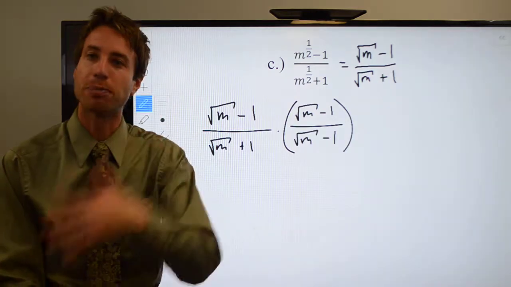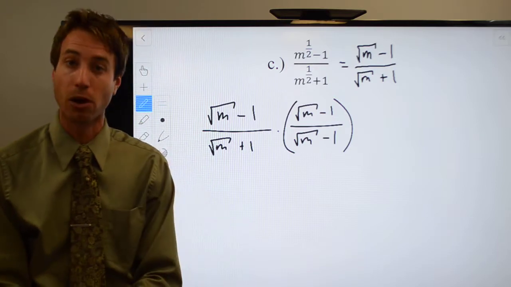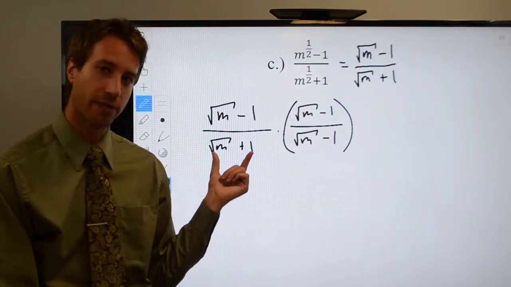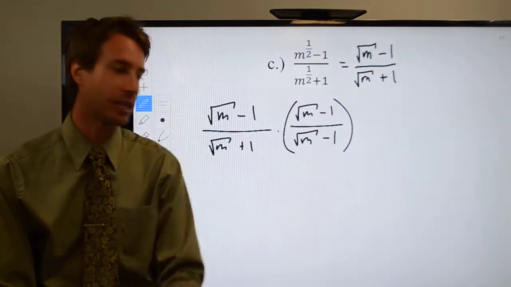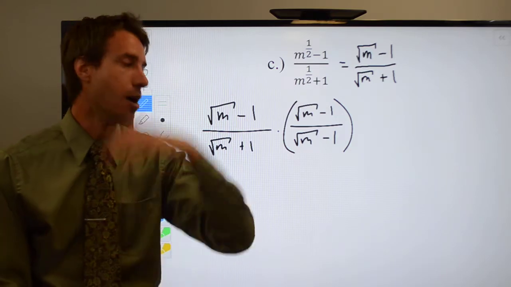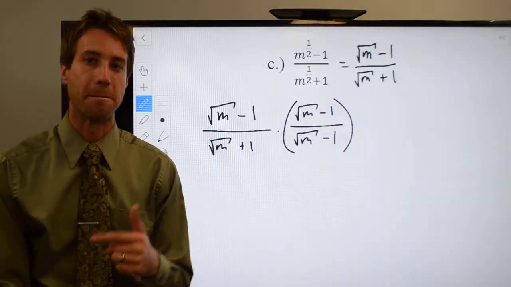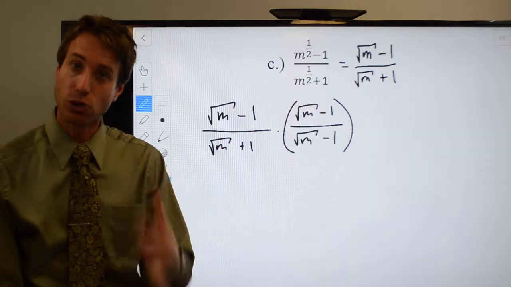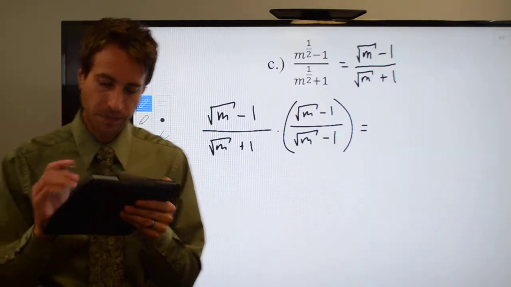Again, what we learned in the previous section was you just simply multiply top and bottom by the conjugate of whatever the denominator is. And when we say conjugate, all we mean is you just change the sign. So since I have a square root of m plus 1, multiply top and bottom by the square root of m minus 1. But this requires me to FOIL. So we'll go ahead and FOIL this guy out.